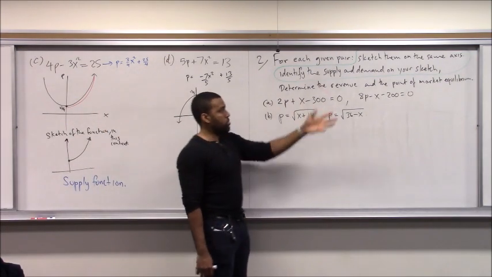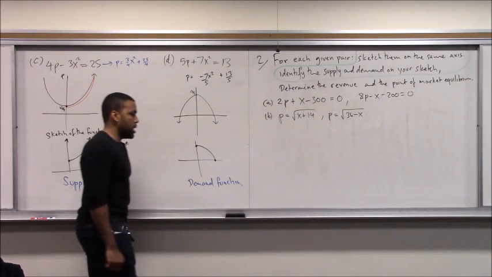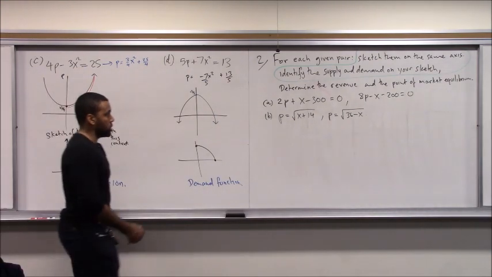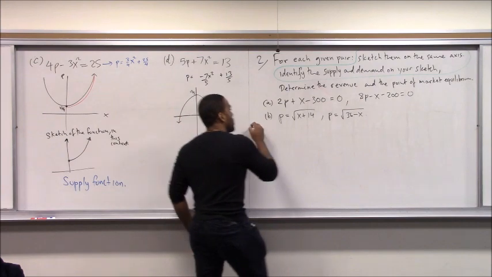So they'll give you a pair of functions, they'll tell you they're supply and demand, they might not identify which is which, and then they'll ask you something about it.